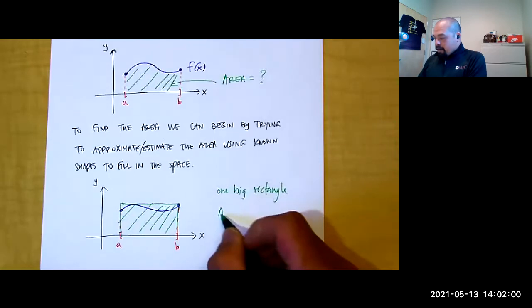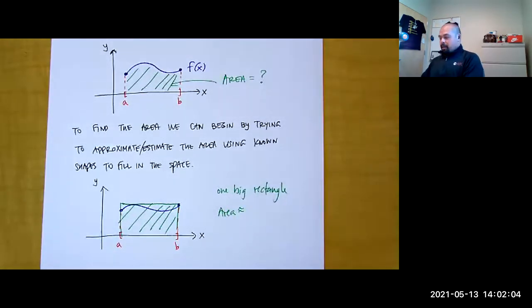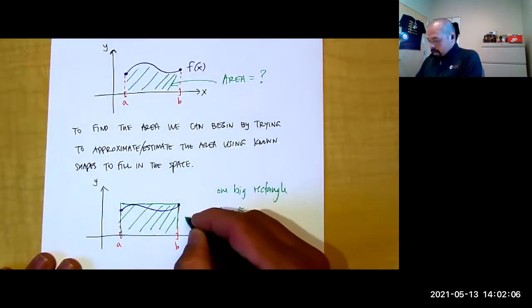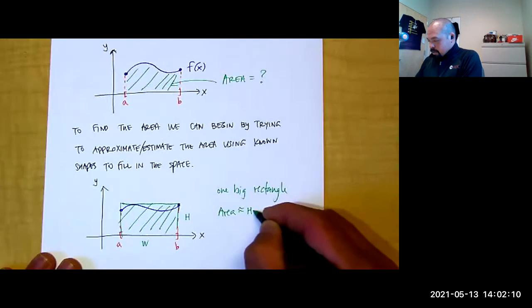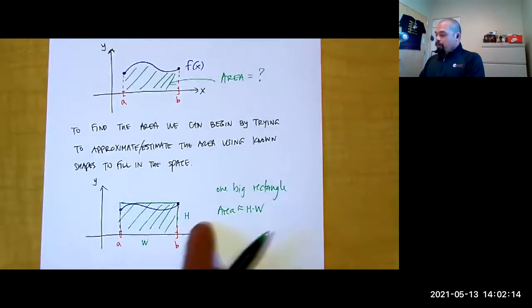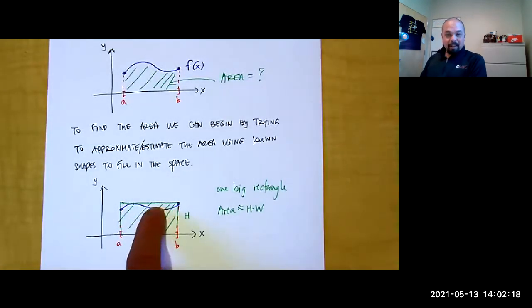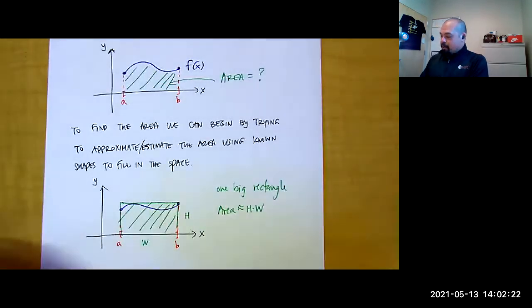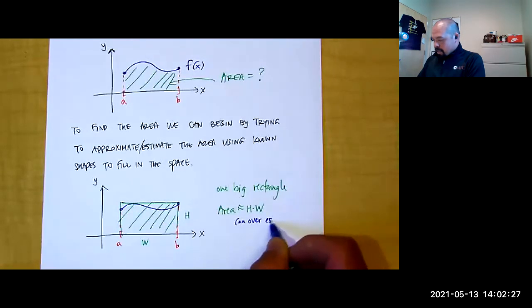So our area is approximately the height times the width, length times width, whatever you want to call it. But in this case, since we are including space outside, above the curve, this is going to be an overestimate.